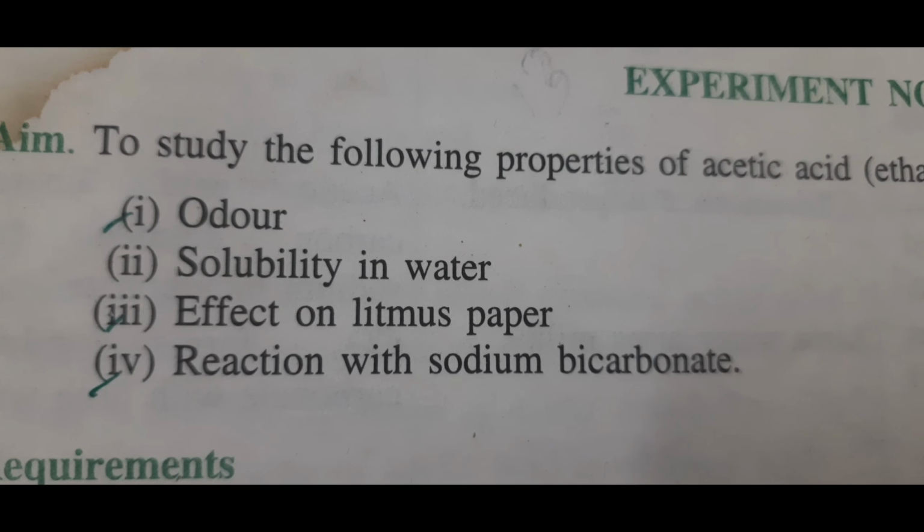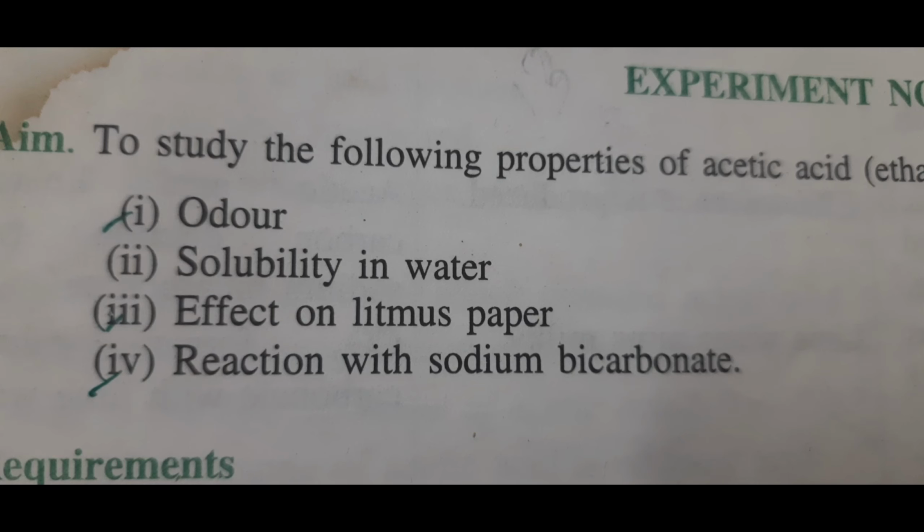Number two, solubility in water, whether acetic acid is soluble or not. And third, effect on litmus paper. And the last one is reaction with sodium bicarbonate. So this is what we have to do in this experiment.